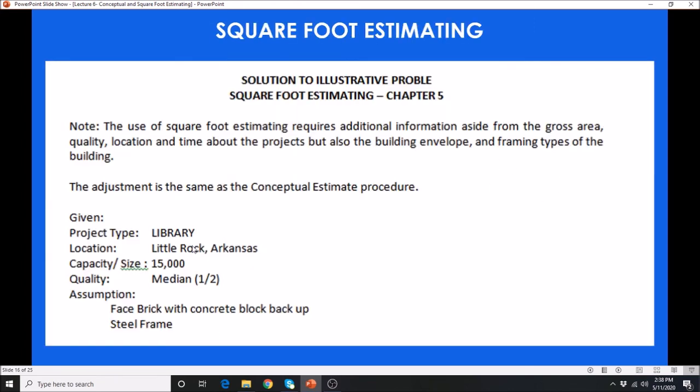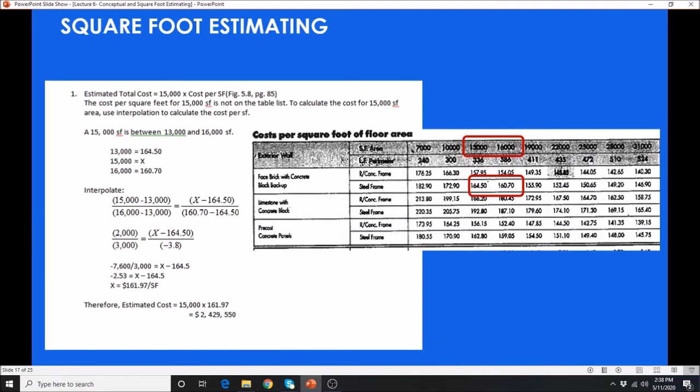So we have a median of 15,000, the type of project is a library, and this location. This is the square foot table, on page 85 of your textbook, figure 5.8. The estimated cost is pretty much the same as the conceptual: we know the square footage times the cost per square foot.